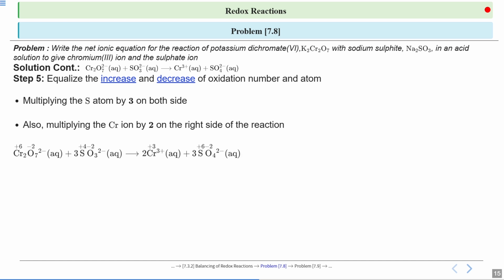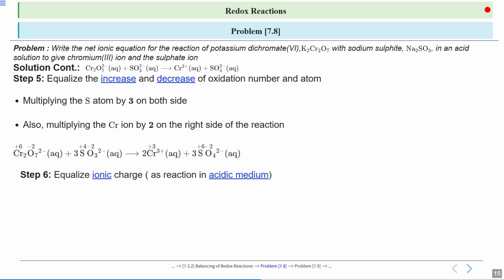If we have to maintain a balance for the atoms, we have to keep the chromium and the sulfur atoms equal. By multiplying the sulfur by 3 on both the sides, the sulfur atoms will get equalized, and by multiplying 2 with the chromium atom, the chromium atom will also get balanced.